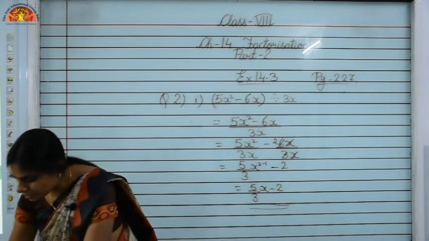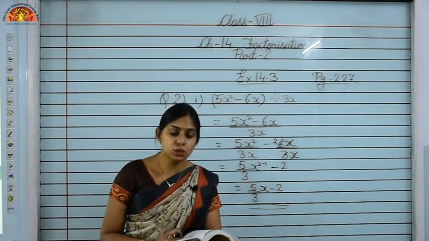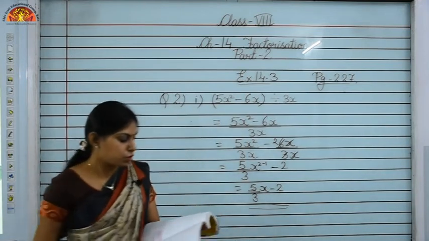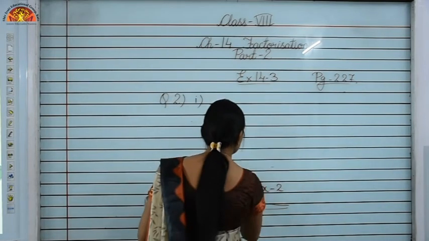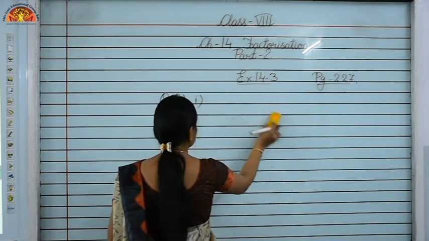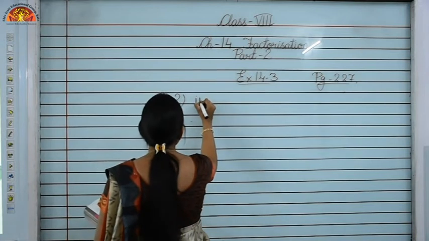Now just see children, next question over here. Now we will solve question number 2, third part. Now what is the expression given over here?